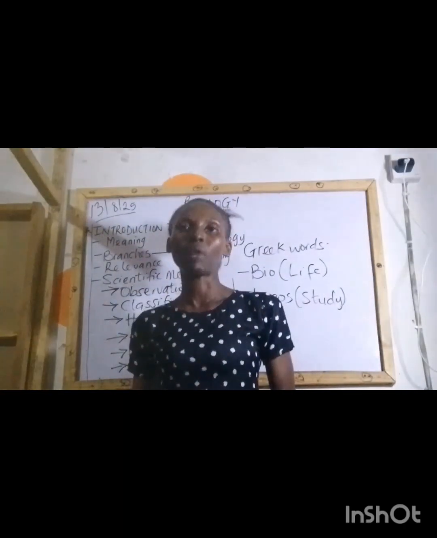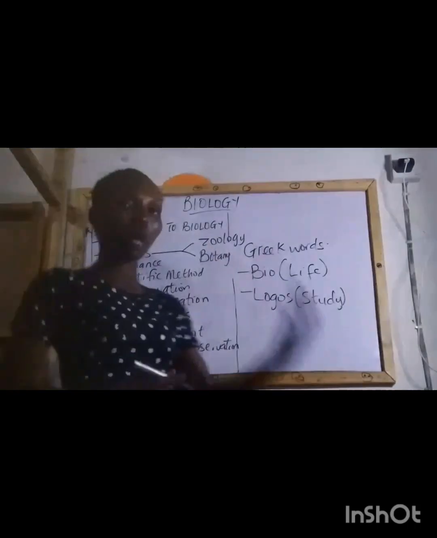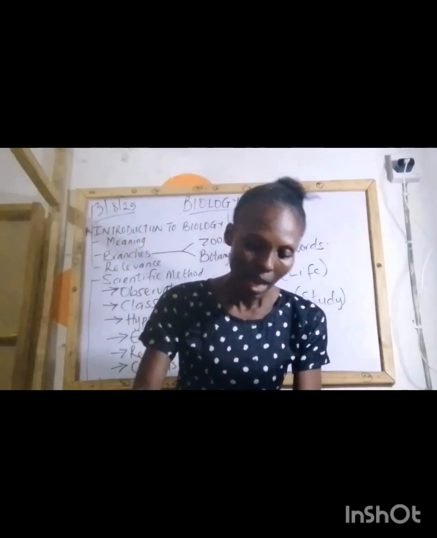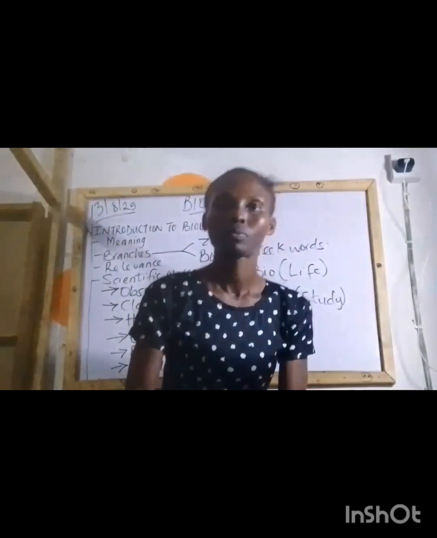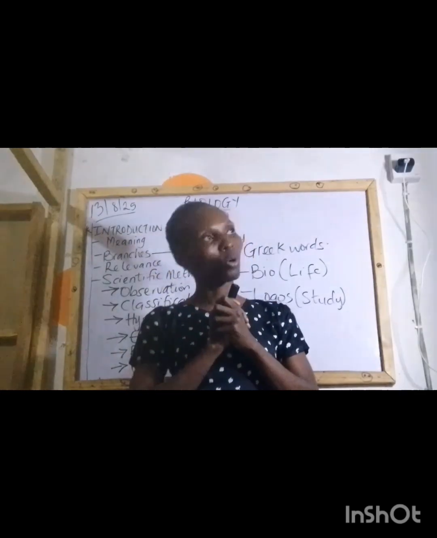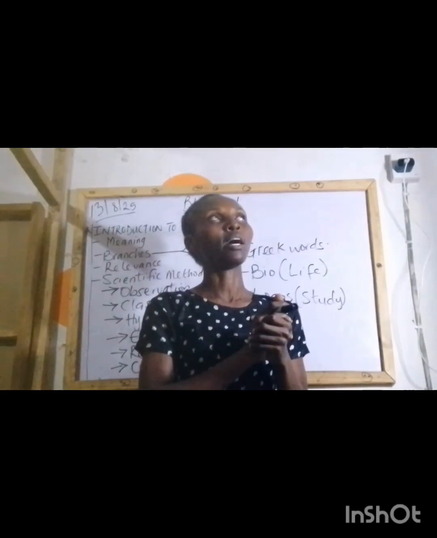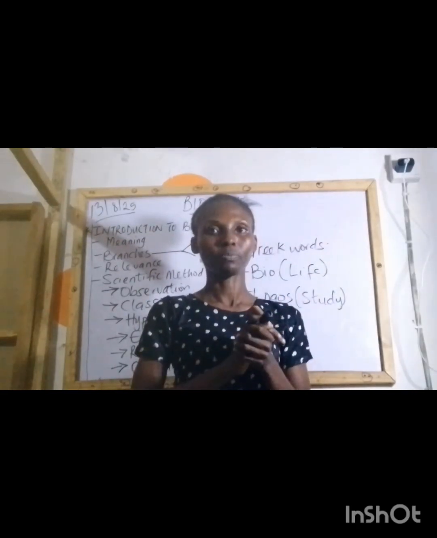Now, after I've carried out the experiment once or twice, I record my observation. I go through my record. Now, I make a conclusion that this plant didn't grow well due to lack of sunlight.